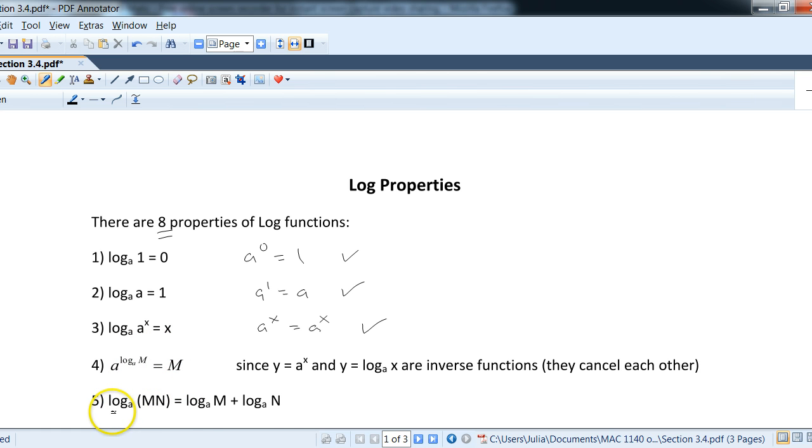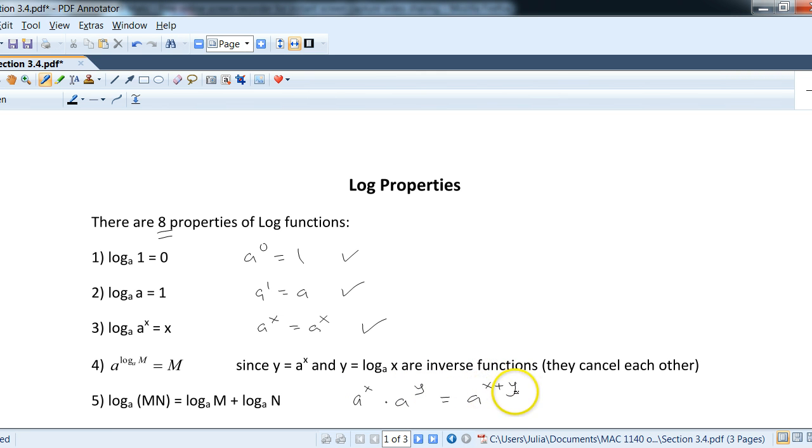Okay, let's talk about other properties. These take quite a little bit more justification, but the log of the product can be separated as the sum of these two logs. This is the property, if you recall, that if we have the same base and we have a product of exponents, what happens to that product?